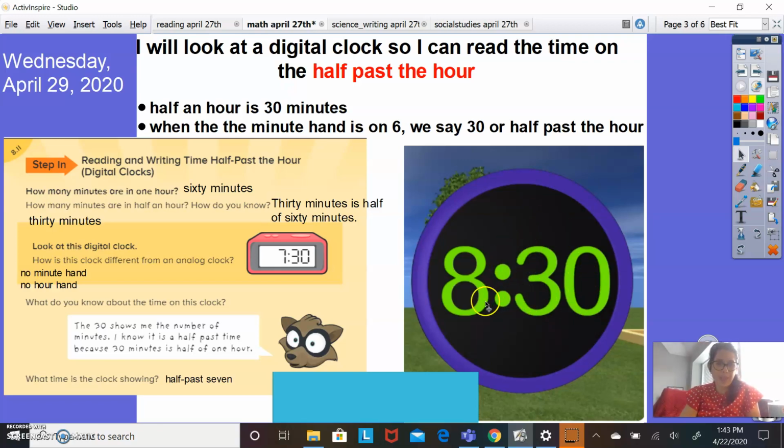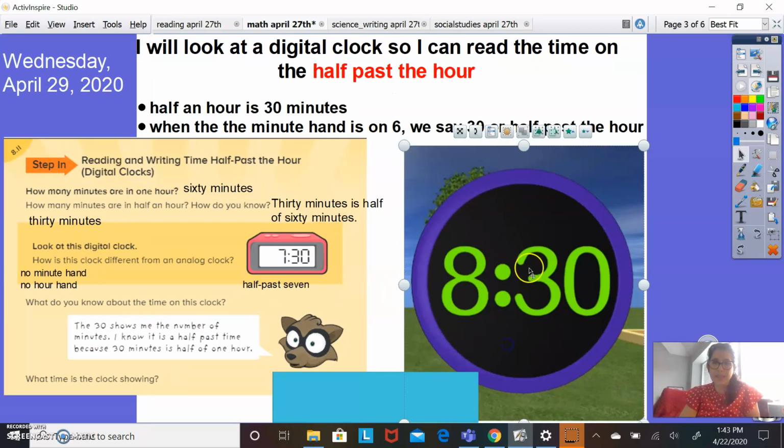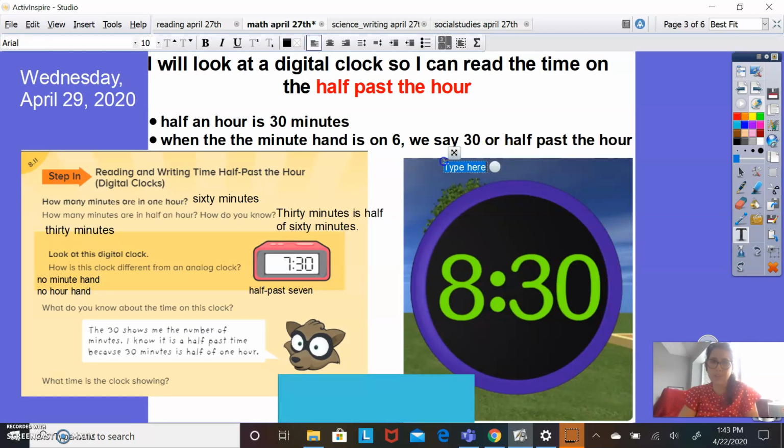So if we read this, we know that says half past 7 right here. Half past 7. Move that there. And then we would read this as 30 is half, so we say half past 8, just like the previous one. So we would say here, half past 8.